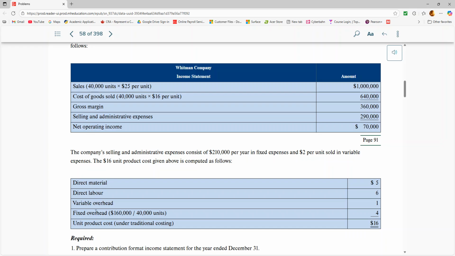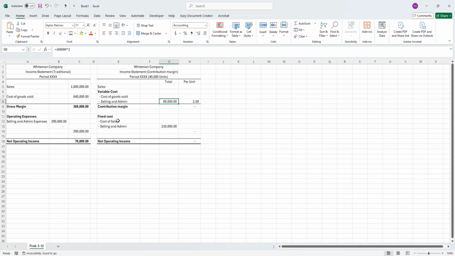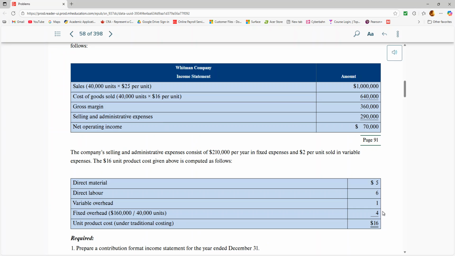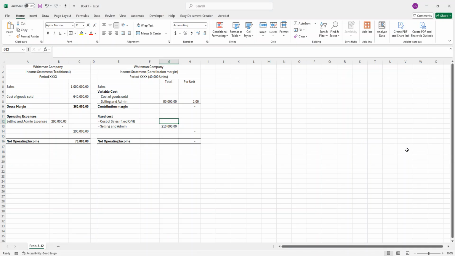So technically what they did, they separated variable and fixed. So these three items that I have at the top, they are variable, and this is fixed, $160,000. So if I look at the fixed overhead, I can put in a bracket and call that fixed overhead, and they told me that this is 160,000. You can list per unit if you want to. We'll list everything per unit after on this fixed one.